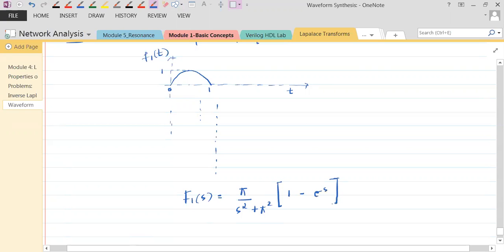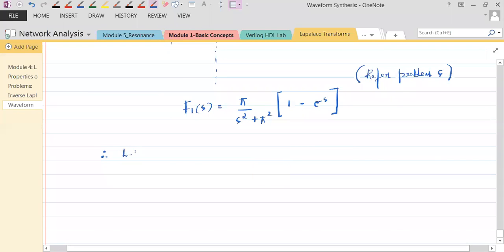Refer to problem 5 here. It was the previous problem, so you should not have problems coming to this.